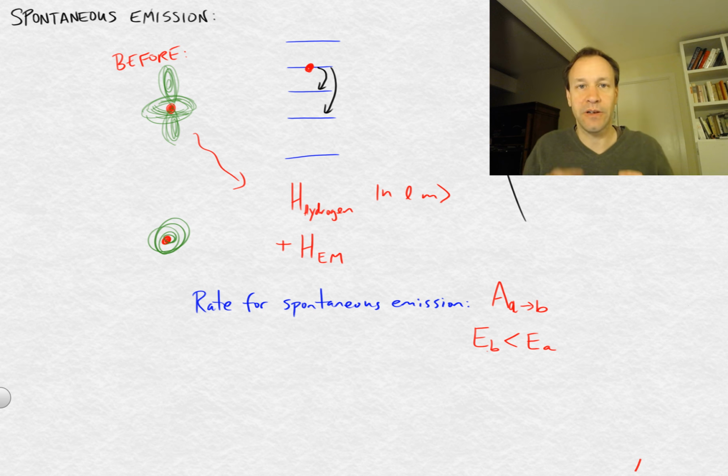So that's our goal for the videos today. It turns out that in order to understand that, we will need to take a detour and think about physics at finite temperature. So that's the subject of the next video.